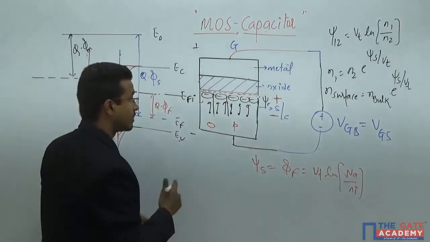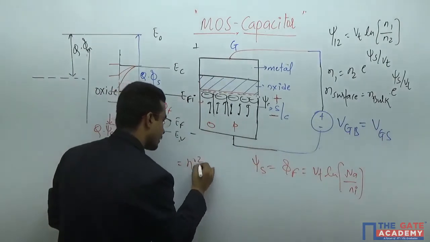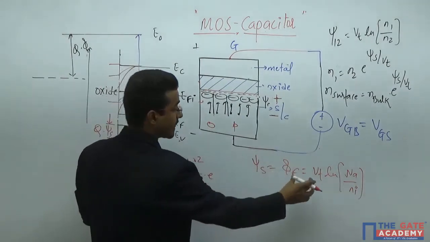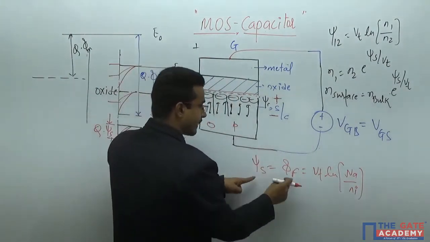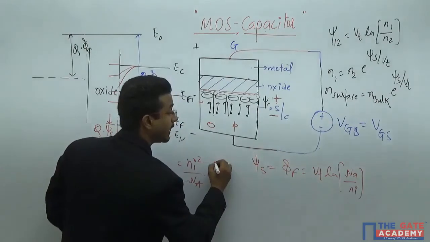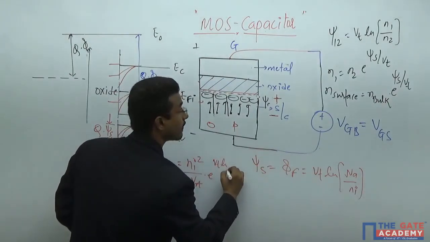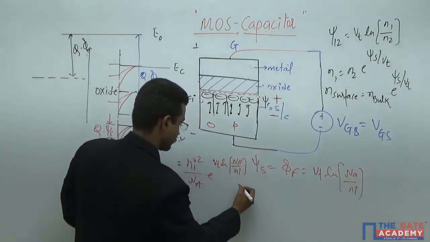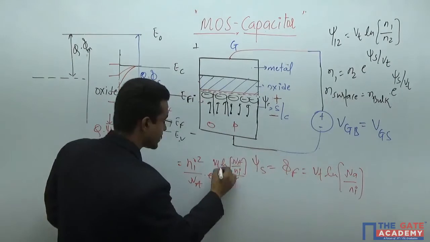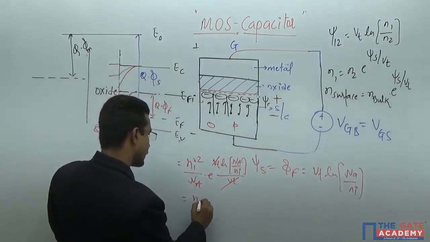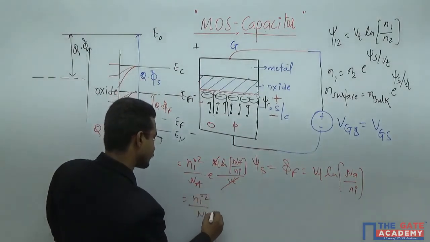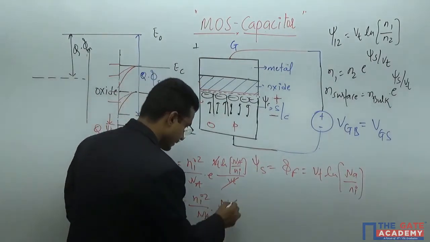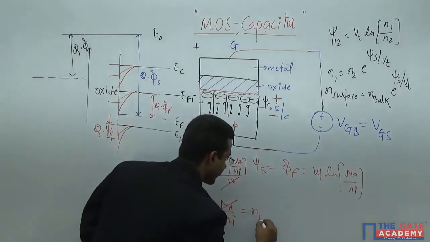So N bulk is Ni squared upon Na, and e raised to psi S, because you have decided that psi S equals phi F, then you get Vt ln(Na/Ni) divided by Vt. Then Vt and Vt cancel out. You get Ni squared upon Na times Na upon Ni. This cancels out, this cancels out, and the number becomes Ni.